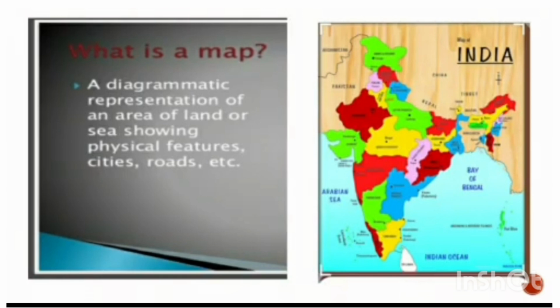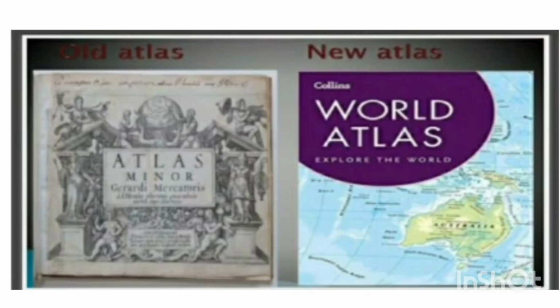In the north we can see Jammu and Kashmir, Punjab, Haryana, Arunachal Pradesh. We can see in the south Kerala, and we can also see Telangana, Hyderabad, Tamil Nadu. So these are different cities, roads. This is actually a physical map showing the different features of our country, India.